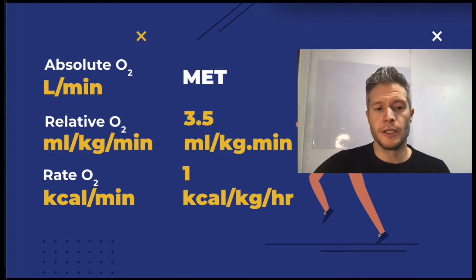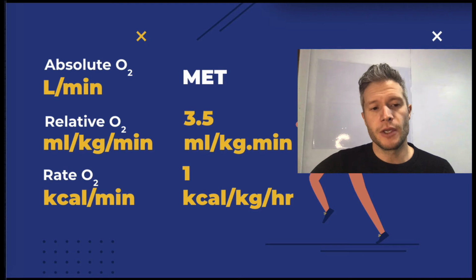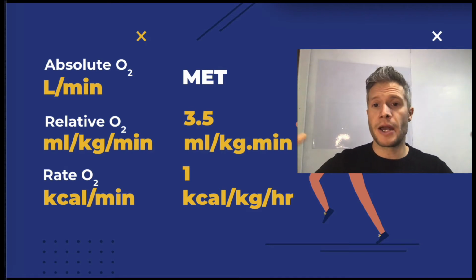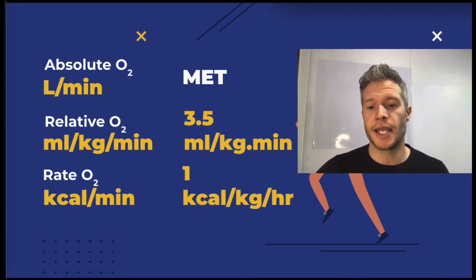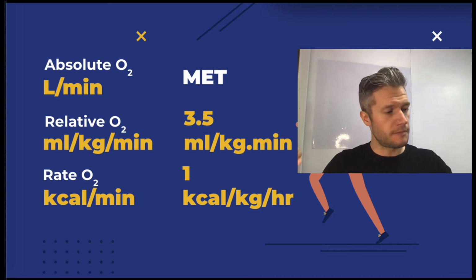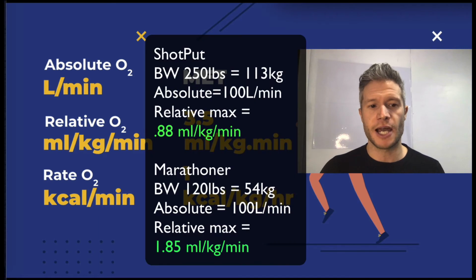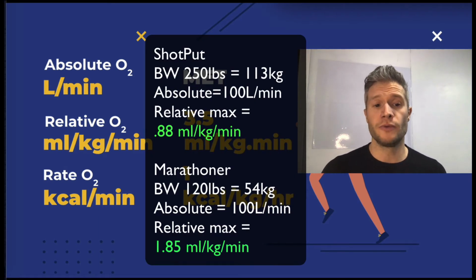So, for example, we'll make up some numbers, but hopefully this will help illustrate. The absolute amount of oxygen, say, for a huge, large shot putter, just a large person, a couple hundred, 250 pounds or something like that, 6 foot whatever, their absolute volume of oxygen that they can produce and utilize is massive.